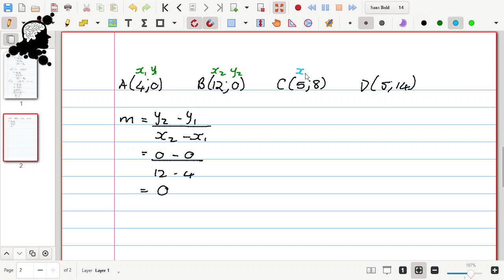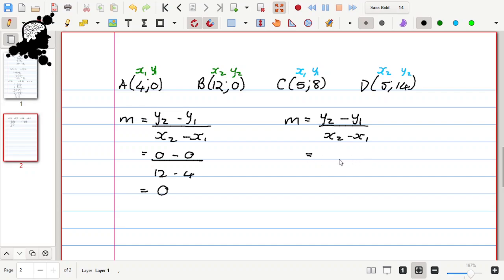Let's look at CD, the gradient of CD. Once again, let's label this x1, y1, x2, and y2. So, our gradient is going to be equal to y2 minus y1 divided by x2 minus x1.